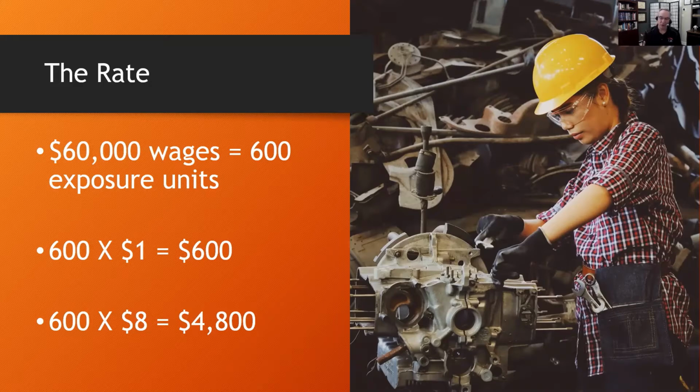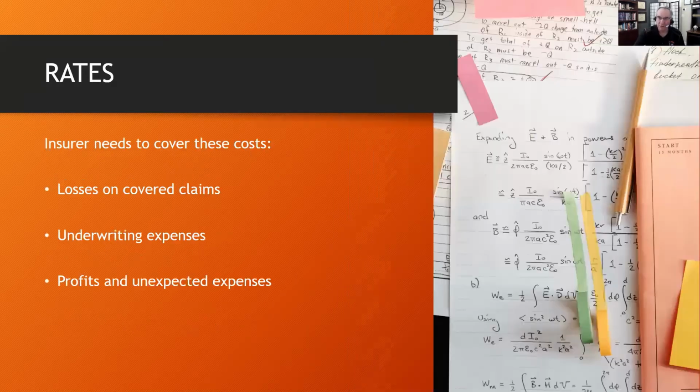For the construction worker, 600 exposure units times the $8 rate means that the cost to provide workers' comp for that worker for 1 year is $4,800. Boom. Now you have the basics on exposures, exposure units, and rates.